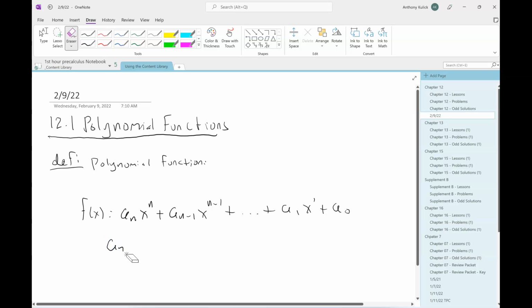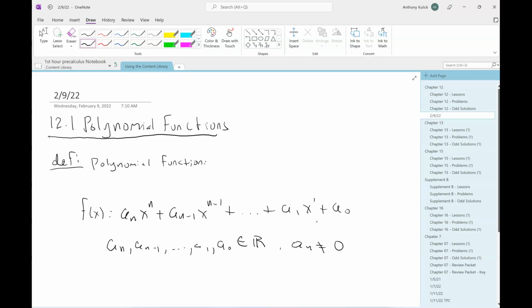Now these a's, which we call the coefficients, have to be real numbers, and specifically that first coefficient has to be non-zero.